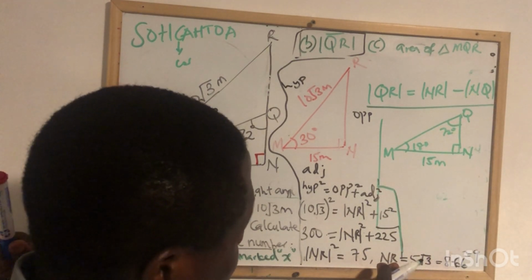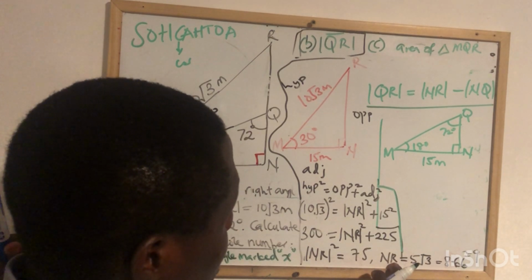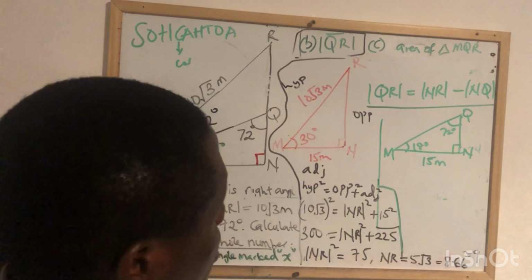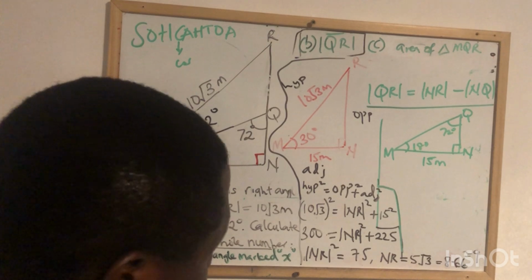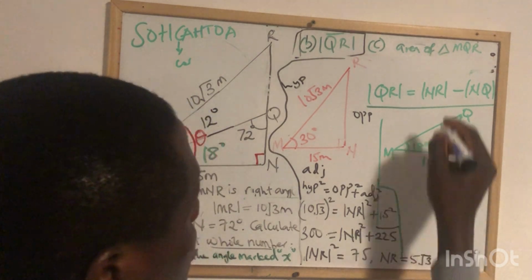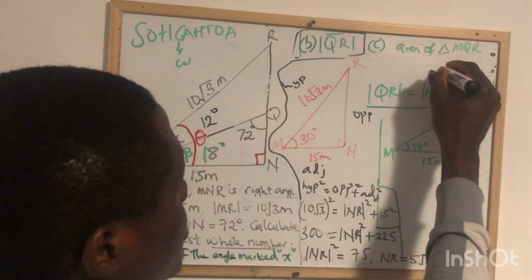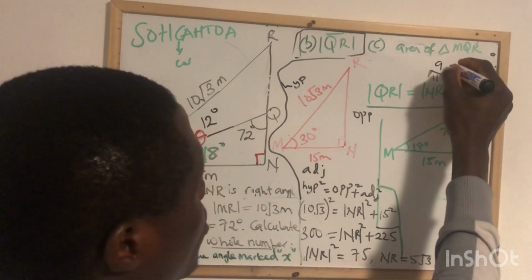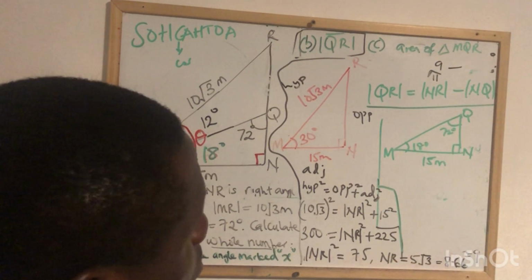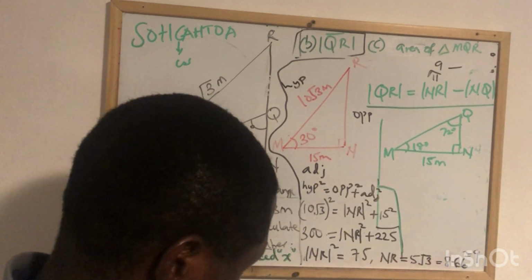And then we have successfully gotten our NR. What's our NR now? It's 9. But we need NQ to get QR.